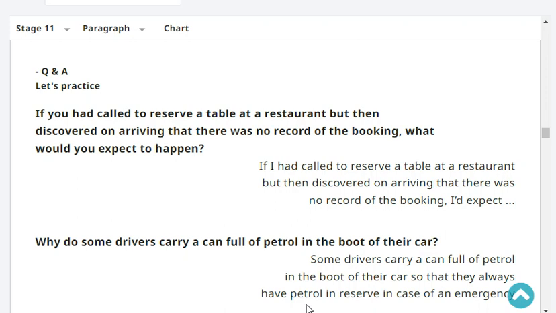If I had called to reserve a table at a restaurant but then discovered on arriving that there was no record of the booking, I'd expect the manager to try to find me a table, or to try to accommodate us. Very good.